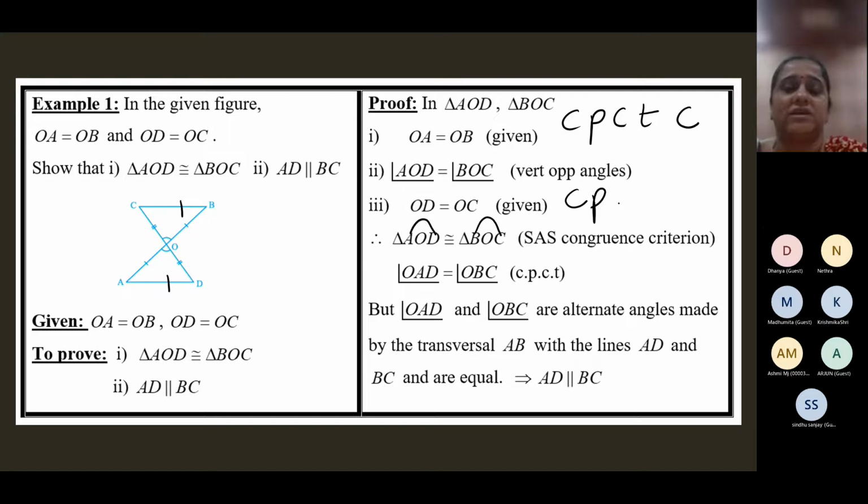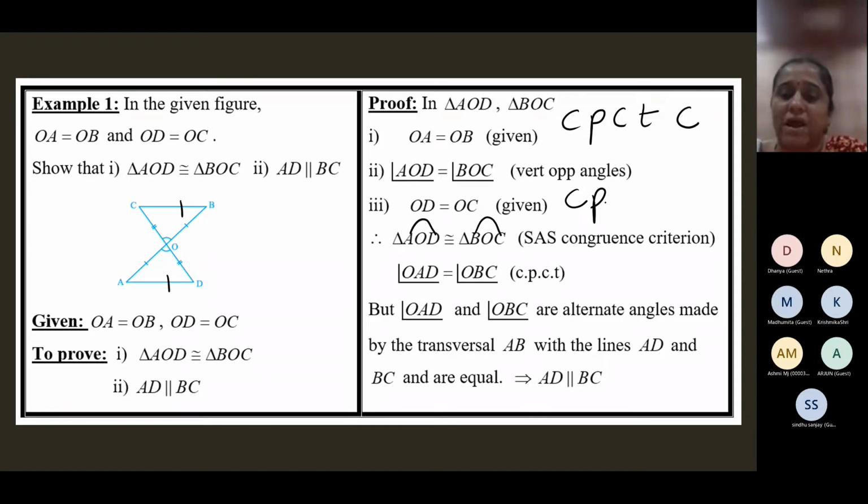What are the parts of a triangle? Sides, angles, that's all. So when we say corresponding parts, they can be corresponding sides or corresponding angles. Not the corresponding angles of parallel lines and a transversal, don't get confused with that.